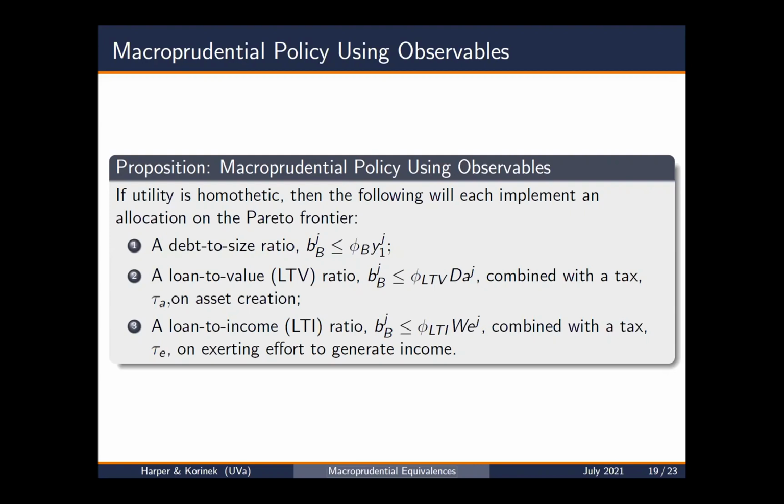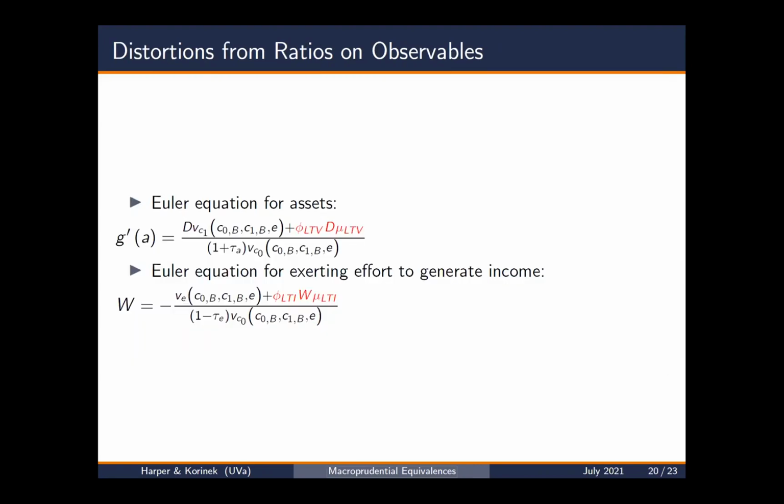To illustrate that, we have the Euler equations for asset accumulation and exerting effort. And you see in red here that when there is a loan to value or loan to income ratio, there's this added effect in the Euler equation that's a collateral value type effect, at least for assets, and a similar effect on income, where now holding an asset both gives you a value based on the discounted value of the dividend, but it also has a value because you're able to borrow more money when you have more assets.